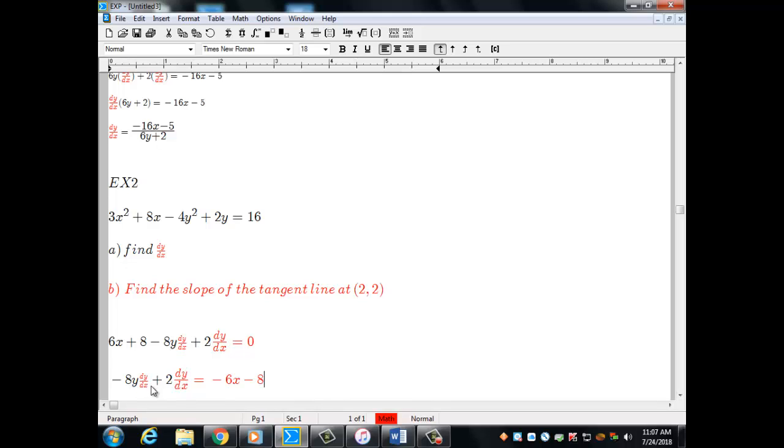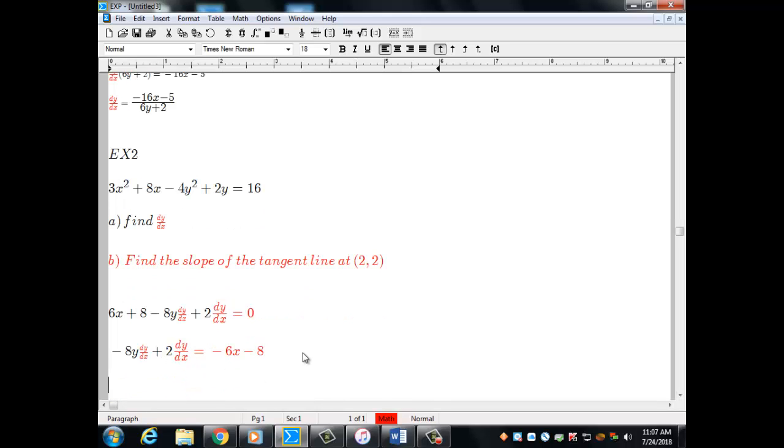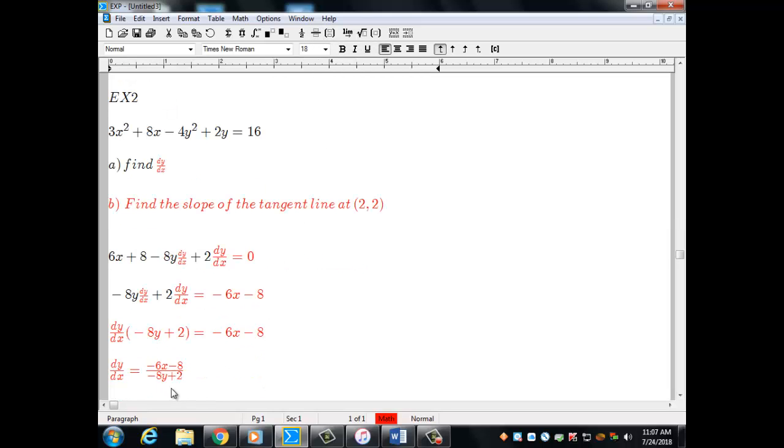All right, so you got that. Now you're factoring out the dy dx. And you're getting negative 8y plus 2 equals that negative 6x minus 8. And then you're dividing by that 8y minus 2. Hopefully that might make it a little more clear.